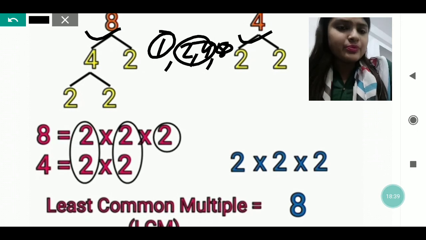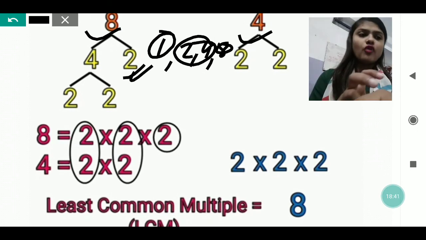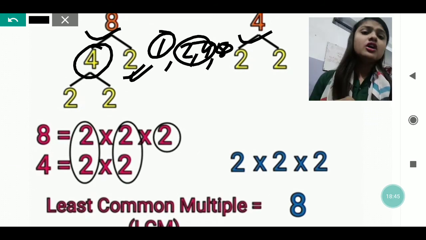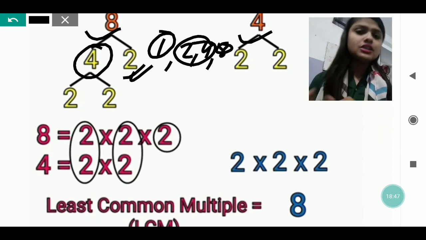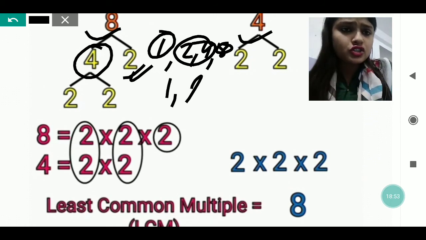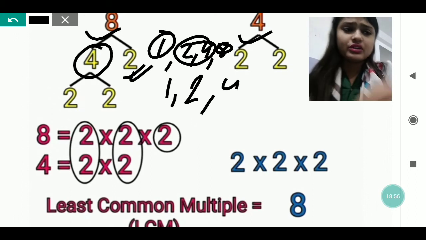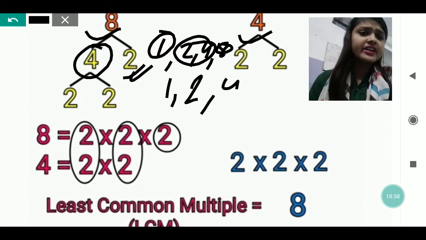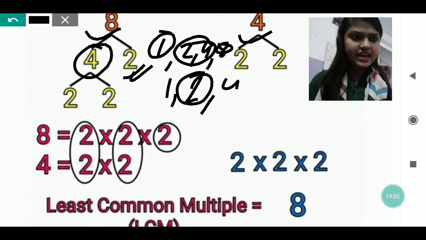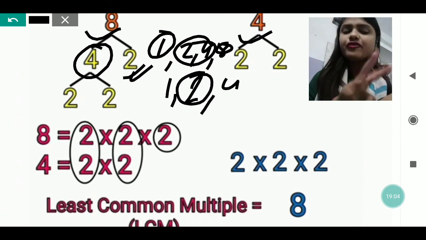In the same way, 2 is already in its least form, so we cannot do anything with that. But 4 is not in its least form, so we will divide that 4 into 2 parts. So the factors of 4 are 1, 2 and 4, isn't it? 2 into 4 would give 8, but you have to divide 4 only now.